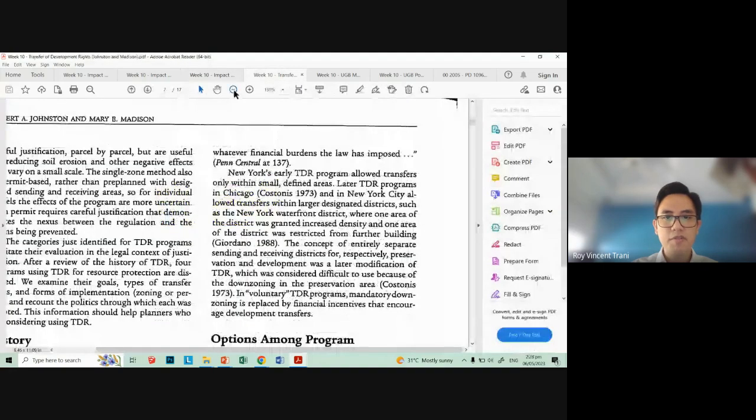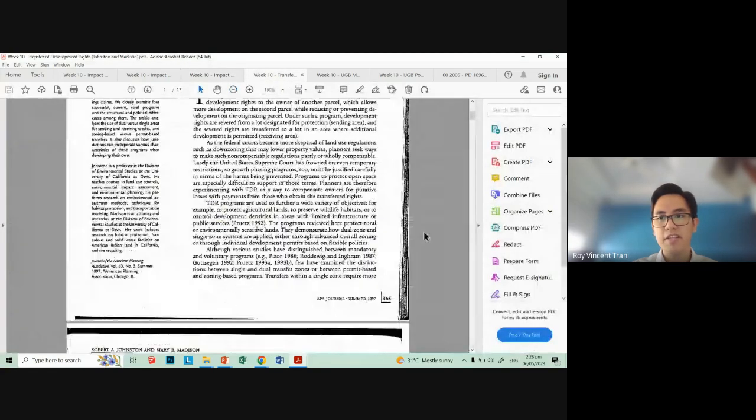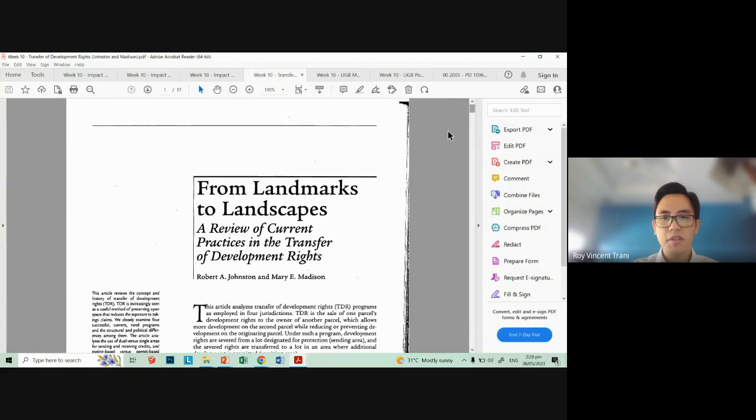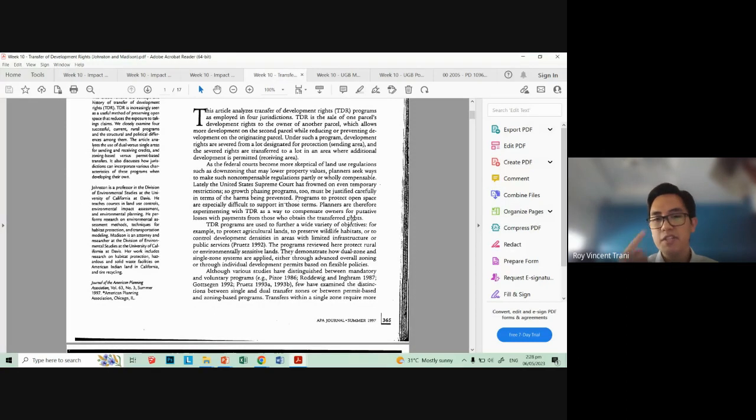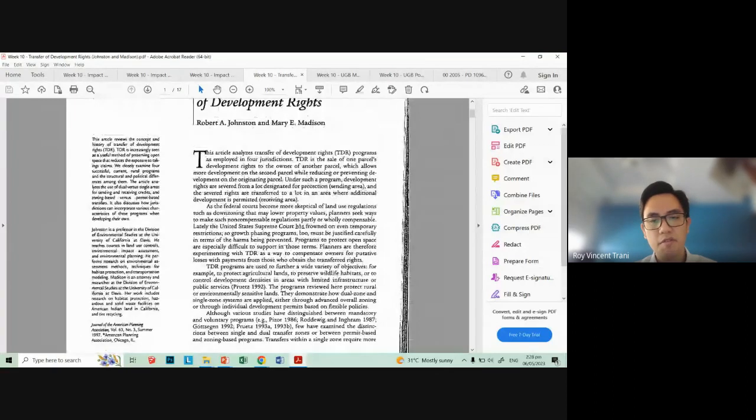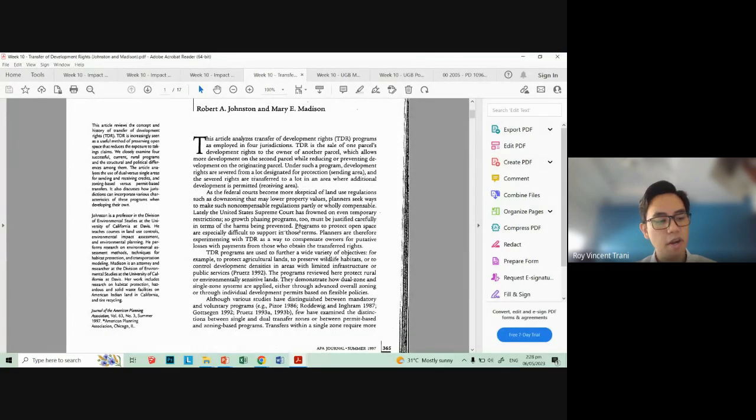Then the other option for managing growth is the transfer of development rights. So this one is a bit trickier. The Philippines will need some kind of program and some understanding between the developer and the local community where the developer wants to build.